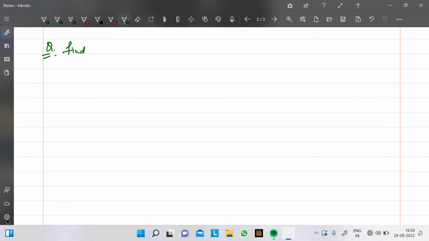Find the pathway of movement of water in given picture.